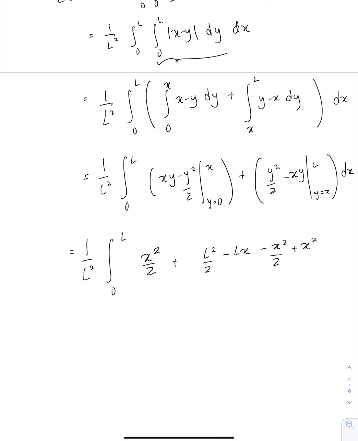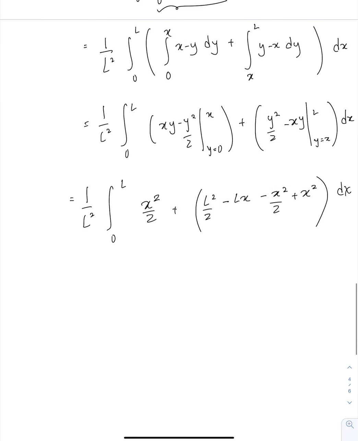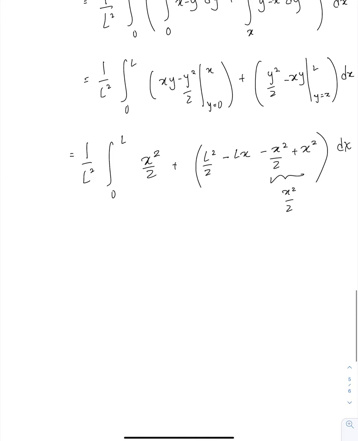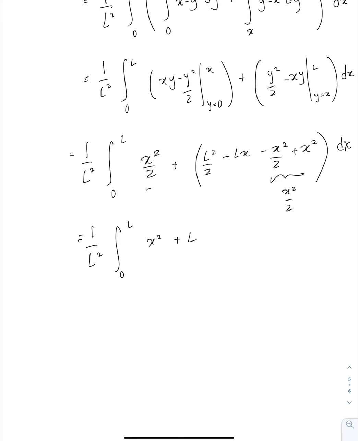Correct? Okay, so putting these two together, you have x squared over 2. So when you add it all up, you have 1 over L squared, 0 to L, x squared over 2, x squared over 2. That gives you an x squared, plus L squared over 2 minus Lx dx.